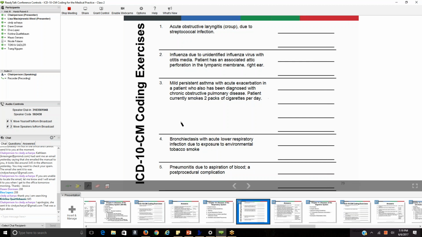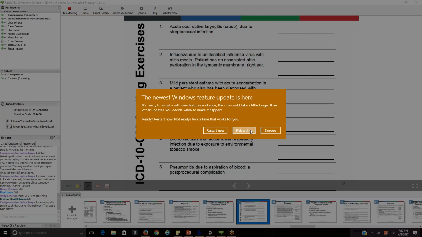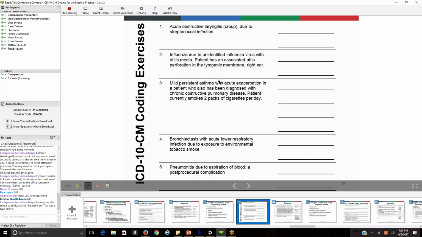Okay, let's take a look at the next one. And again, I'm going to get my pencil out. So we are looking at 1, 2, 3, 4 codes, correct? The first code that we're looking for is the mild persistent asthma. And then we have COPD.